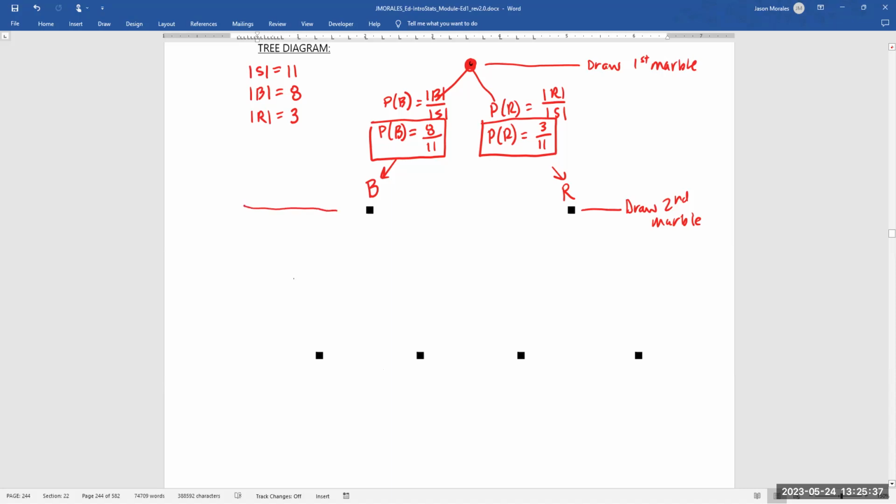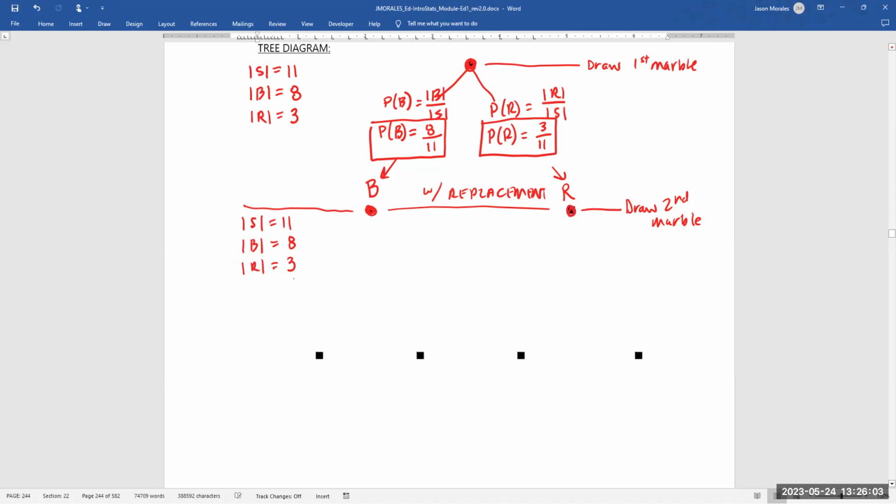Now, we are putting that marble back, so we've got with replacement. And so with replacement, we're going to start this second draw with still 11 marbles in the bag because we put the marble back. We're still going to have 8 blue marbles, and we're still going to have 3 red.